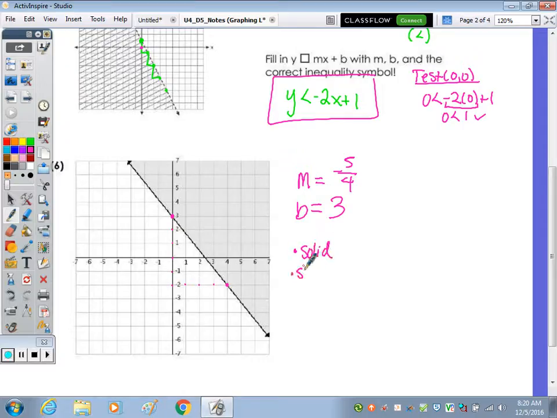And we're shading above. Okay, so in y equals mx plus b, the inequality symbol, well, since it's solid, it's going to have the equal to, and above is going to be greater than. And I'm going to test the point 3, 3 to see if we're right.